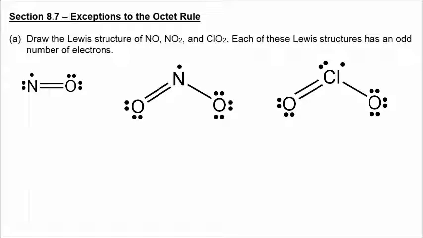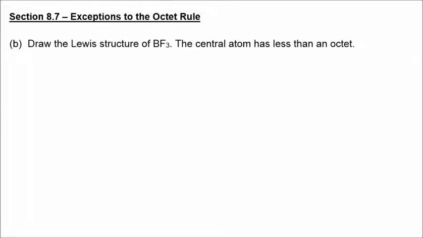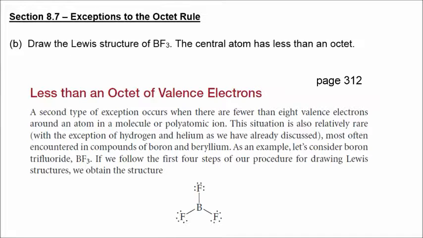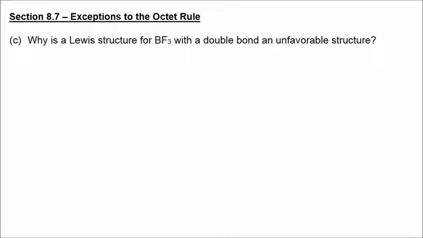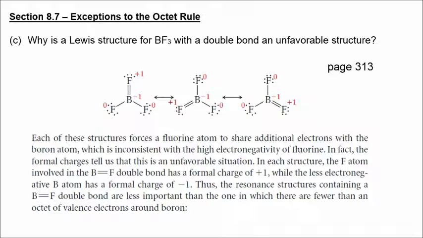Other examples of exceptions to the octet rule would be when there is less than an octet. So boron bonded to 3 fluorines in boron trifluoride is only going to have 6 electrons around it. And you might think, well, why not just make a double bond? Well, it turns out that if you did that, it would be very unfavorable in terms of formal charge.